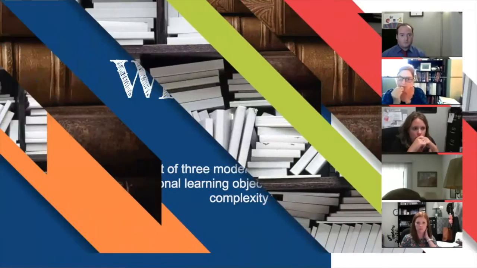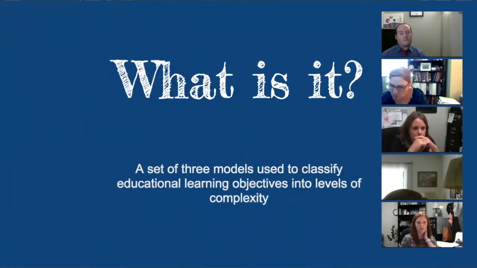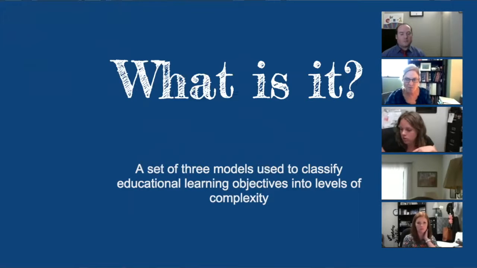So what is Bloom's taxonomy? Bloom's taxonomy is a set of 3 models that educators can use to classify learning objectives from the most basic lower level learning to higher learning skills. So from easy, basic, rote memory to higher classification or complexity.